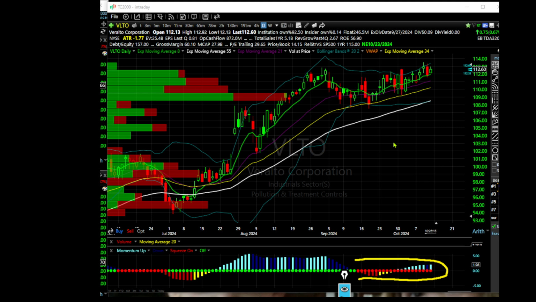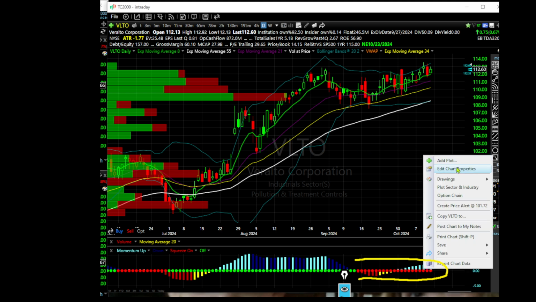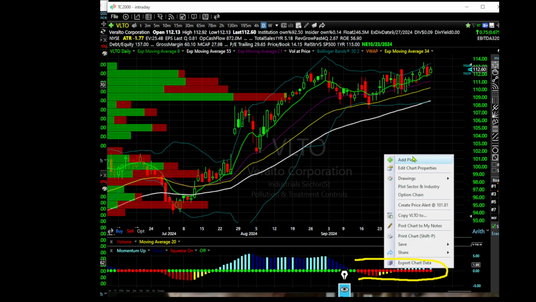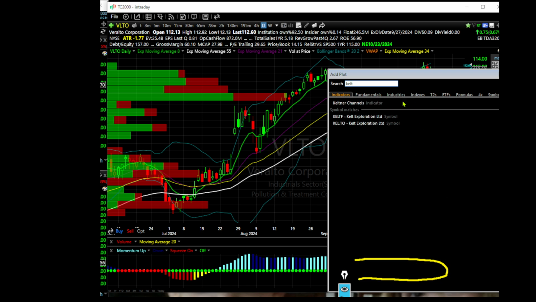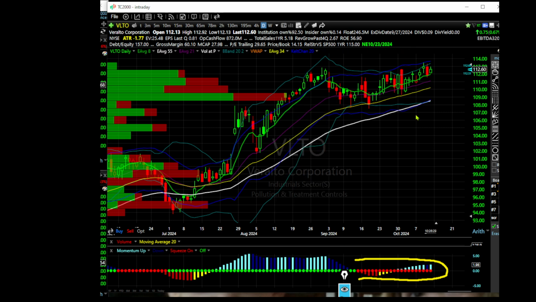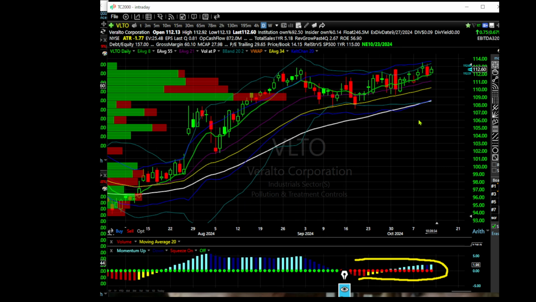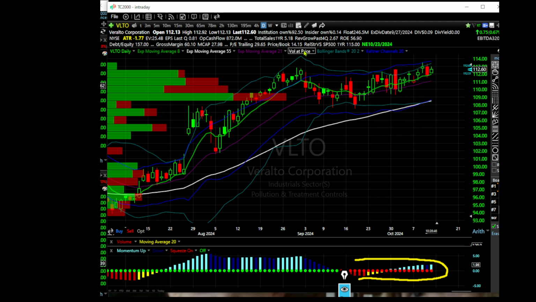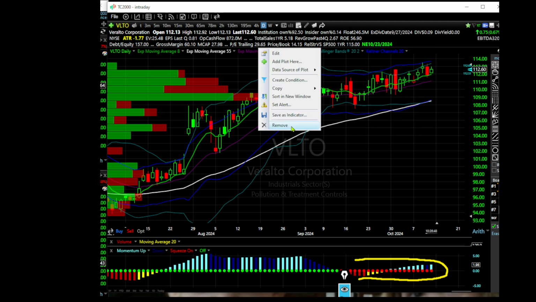So if I were to come in here and throw in the Keltner bands, you can see here, I'm going to get rid of these other ones, and this all goes back to inside candles. But I want you to understand something.